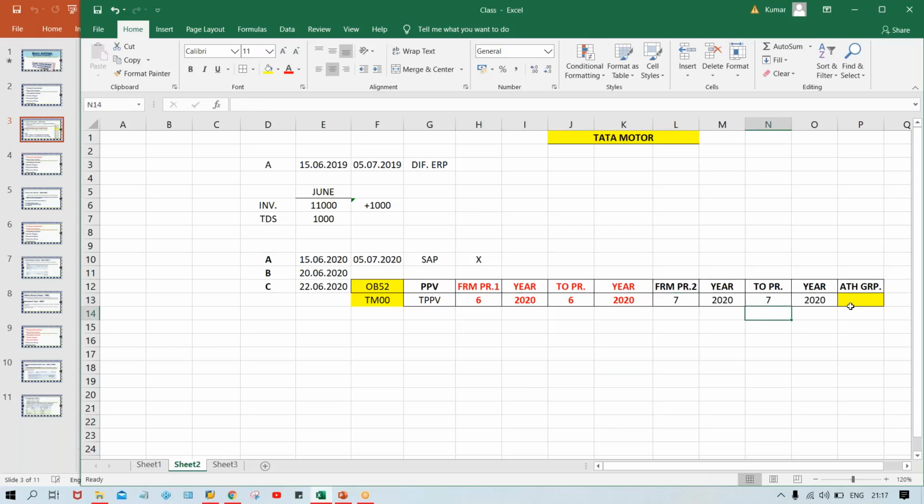So now there is one more thing, guys. In this posting period variant, we are having an option called authorization group. So authorization group, let's suppose one authorization, and who is going to maintain this authorization group, guys? For authorization group related settings here, we need to involve our basis consultant. What is the use of a basis consultant, guys?